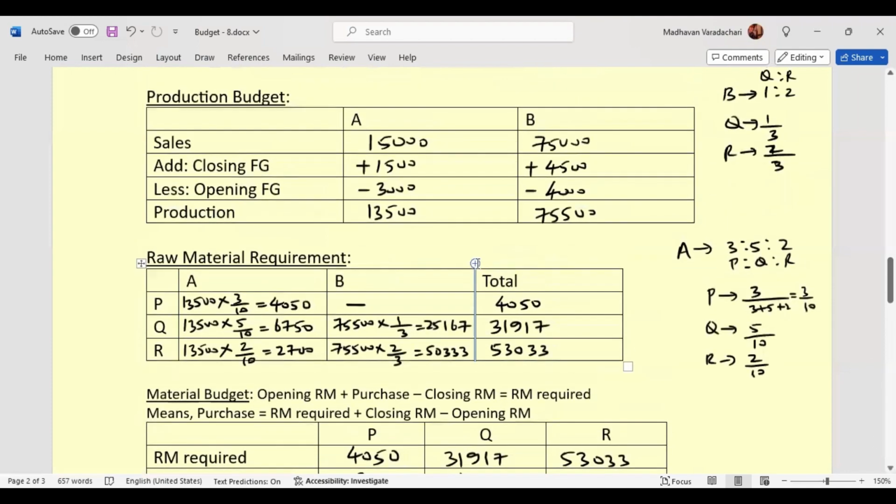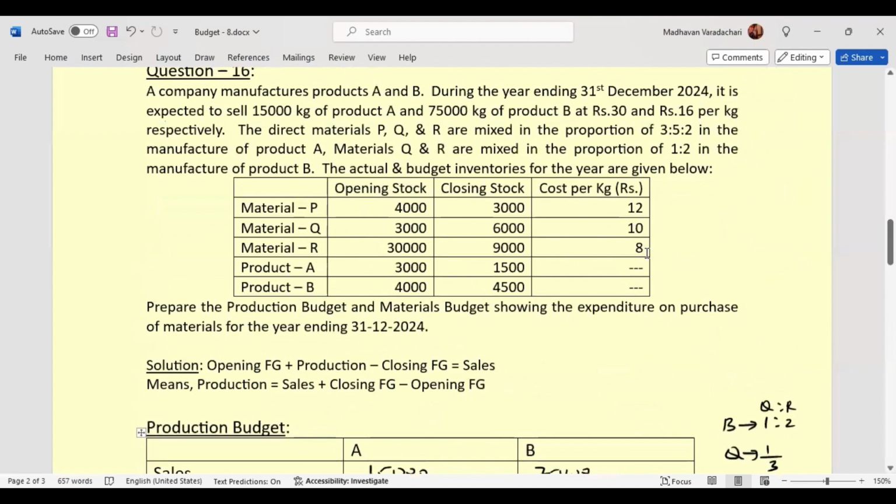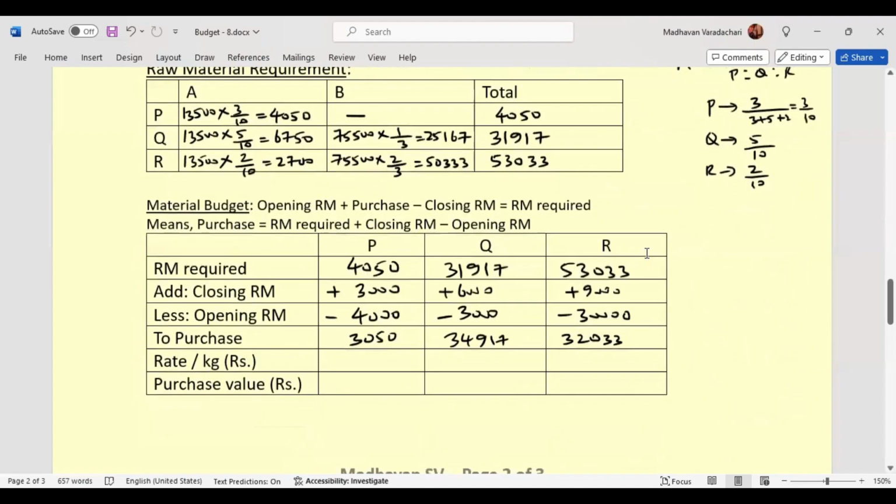Rate per kilo, it is given 12, 10 and 8. P is 12. Q it is 10 and R it is 8. If we calculate, first one we will get the purchase value as that is 36,600.